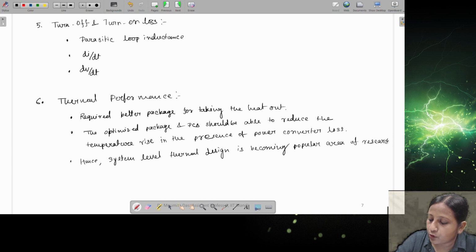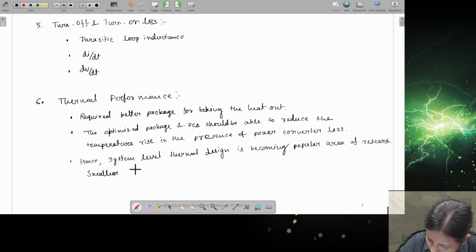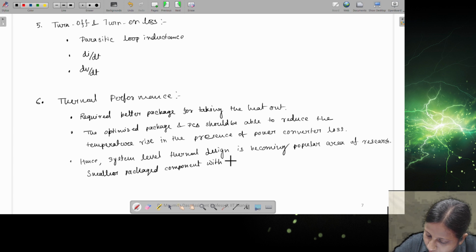The main component where people are focusing is smaller package components with good thermal performance.